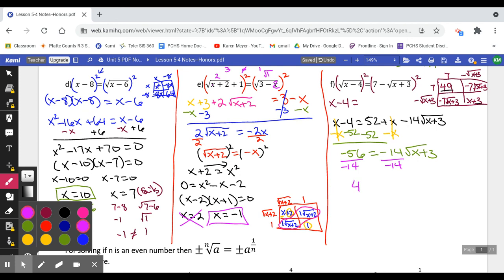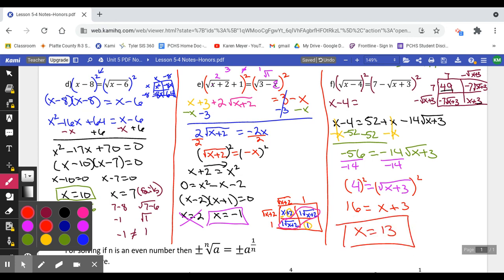So then I get 4 equals the square root of x plus 3. Get rid of a square root by squaring both sides. So 16 equals x plus 3. Subtract that over and x equals 13. If you check it out, it does work.